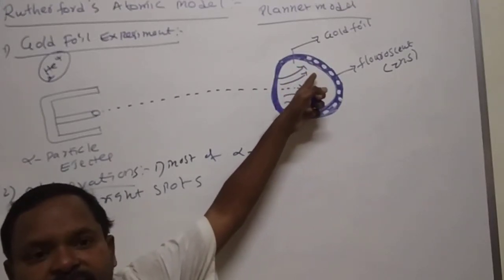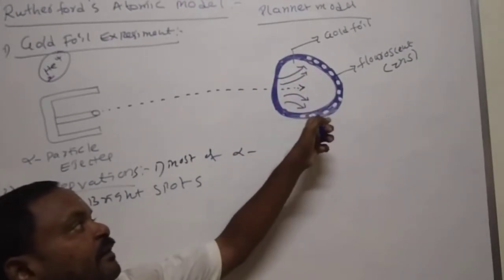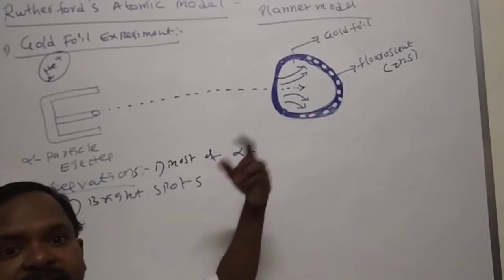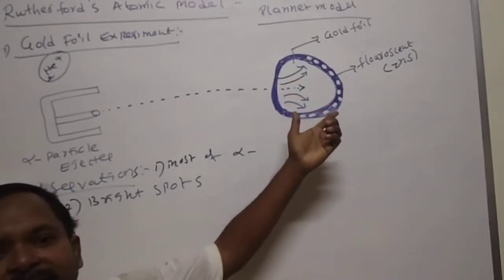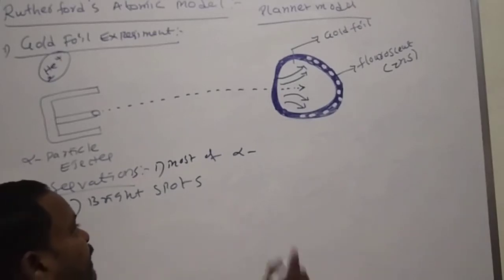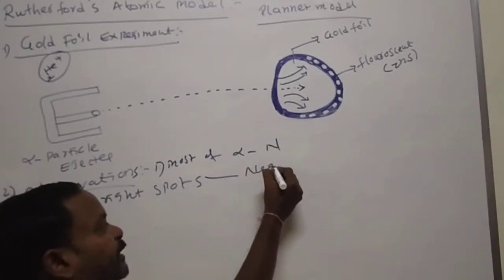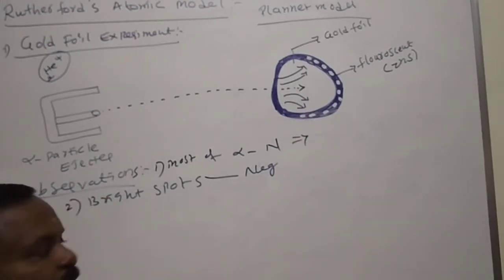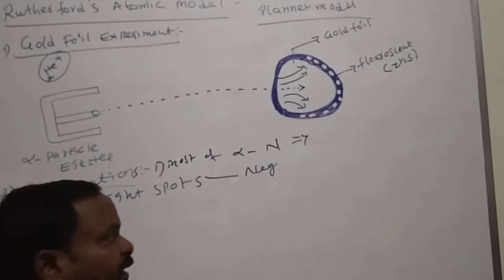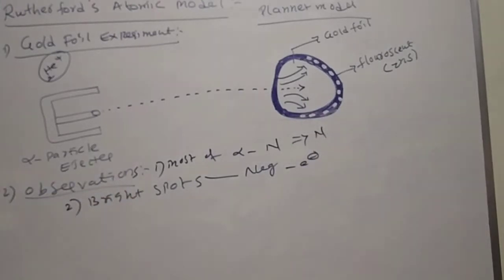Some deflected toward the interior and hit the fluorescent material. That means this is the positive. Those have the opposite charge, negative charged particles. These are the neutral charged particles, and here negative charged particles. Neutral charged particles means neutrons, and negative charged particles means electrons. Here neutrons and electrons.